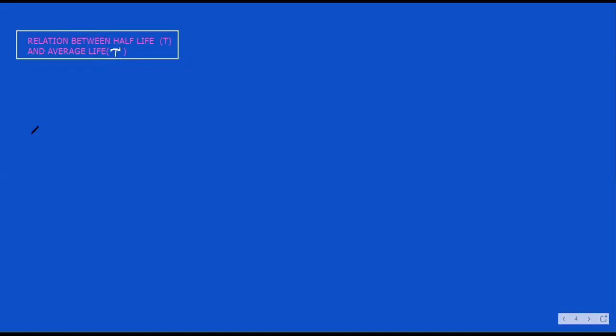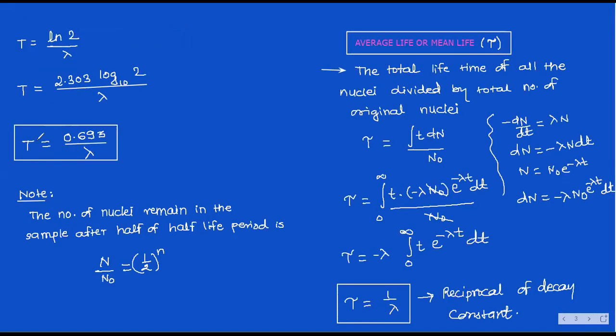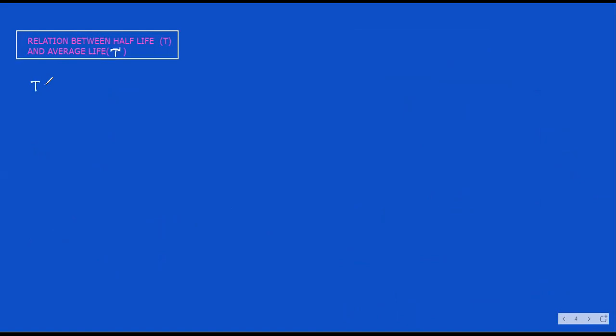So let's see. Now we have two relations. You can see backside. Yes, here it is. What we got? T is equal to 0.693 by lambda, and tau is equal to 1 by lambda. So we have two equations. T is half-life, equal to 0.693 divided by lambda, and tau is equal to 1 by lambda. Now this T is equal to 0.693 into 1 by lambda.